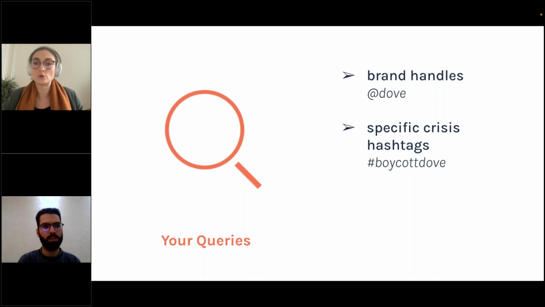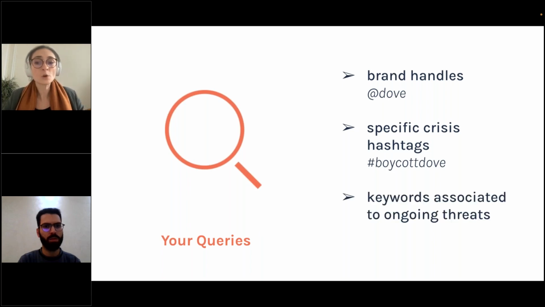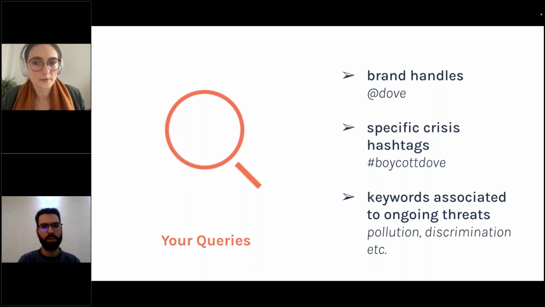So if there is a new hashtag asking for the boycott of your brand, make sure to add them to the keywords monitored by your queries. And also sometimes you will want to add keywords associated to other threats, more general. Can be pollution, discrimination, so all the threats that we've listed before.